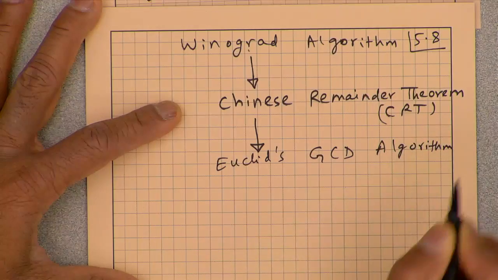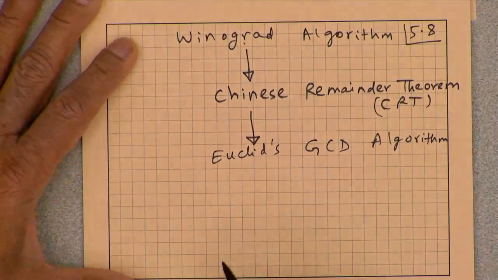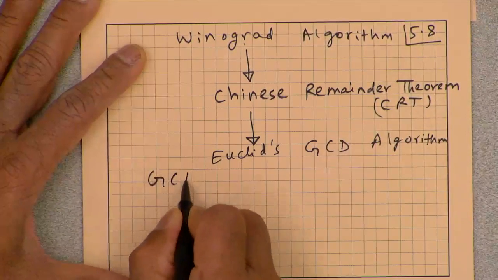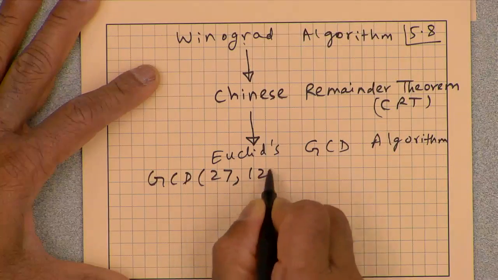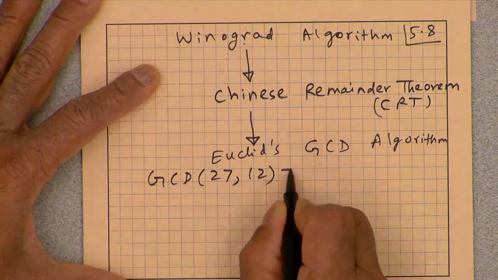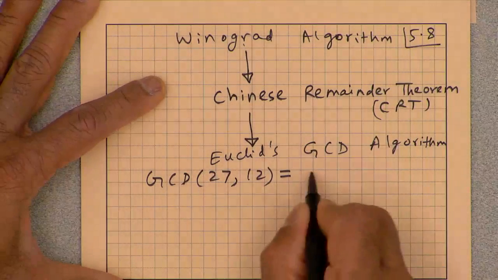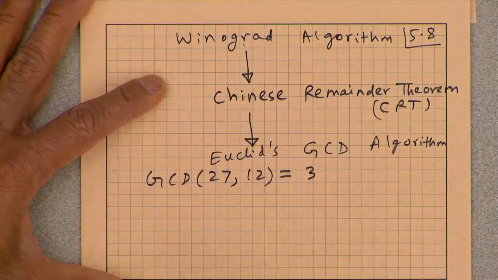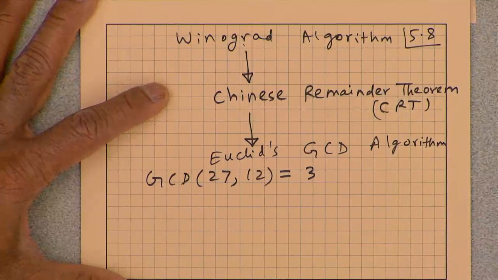In order to compute the greatest common divisor, if I ask you what is the GCD of 27 and 12, what is the greatest common divisor or factor? Well, that's really 3, because 3 times 9 is 27, 3 times 4 is 12.